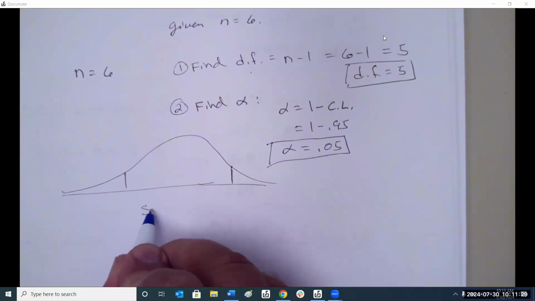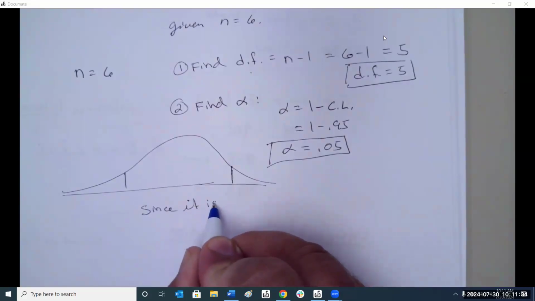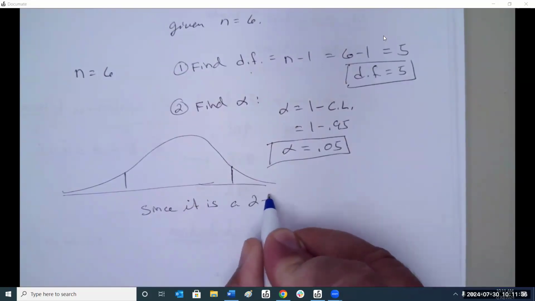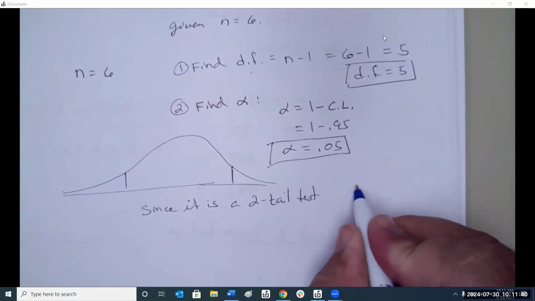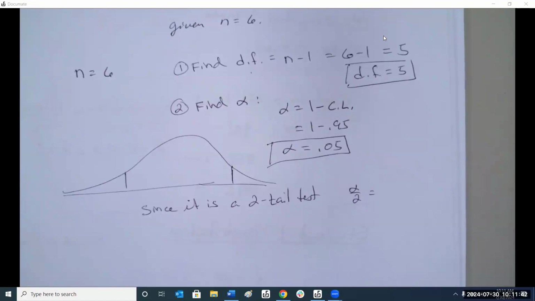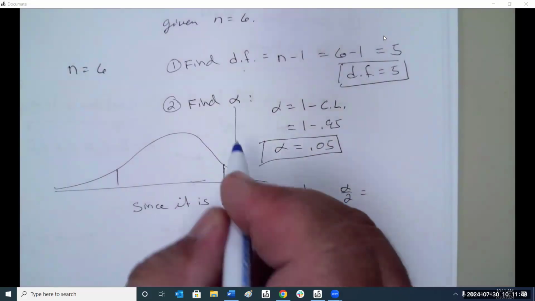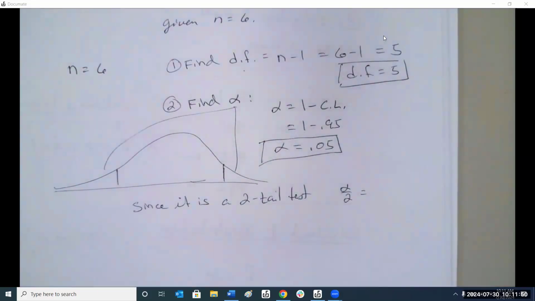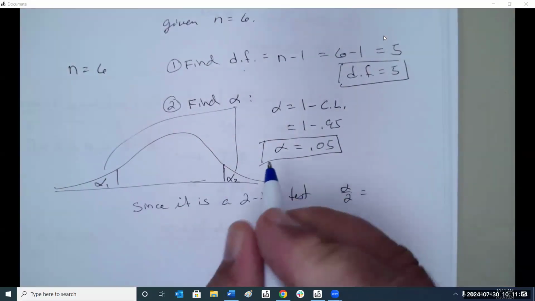So since it is a two-tailed test, we divide alpha by 2, because alpha is the total area of both these places put together. Let's call this one alpha 1, this is alpha 2.